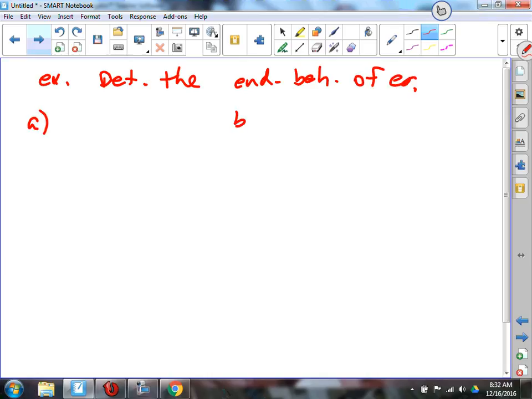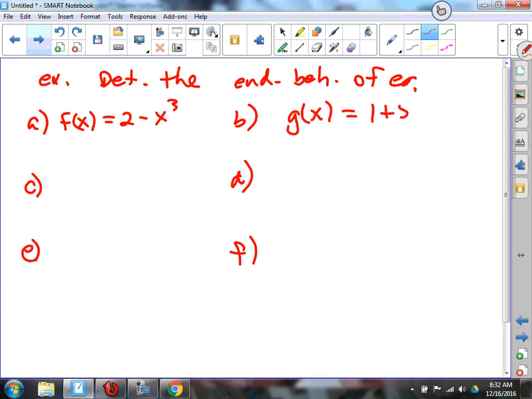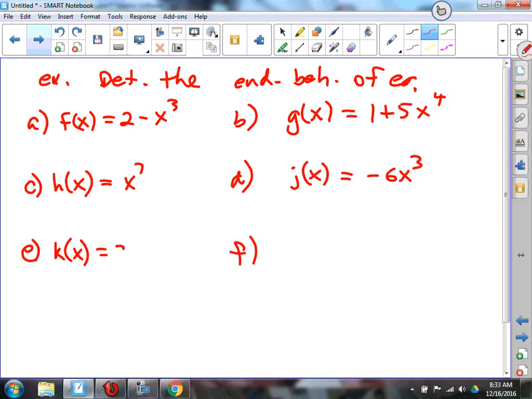We'll look at number A, B, C, D, E, and F. A lot of practice on these. f of x equals 2 minus x cubed. g of x equals 1 plus 5x to the fourth. h of x equals x to the seventh. j of x equals negative 6x cubed. k of x equals 3x plus 1. l of x equals 17 minus 4x to the 8th.